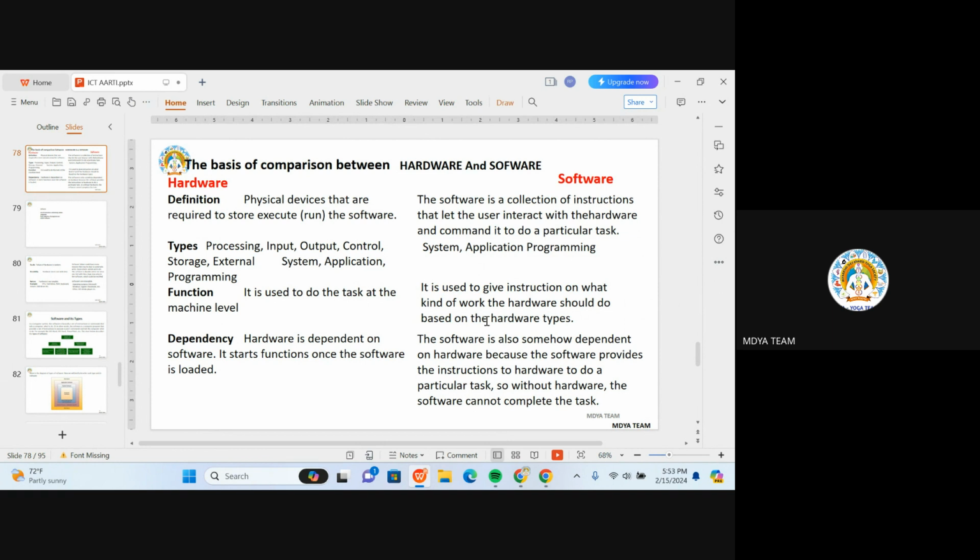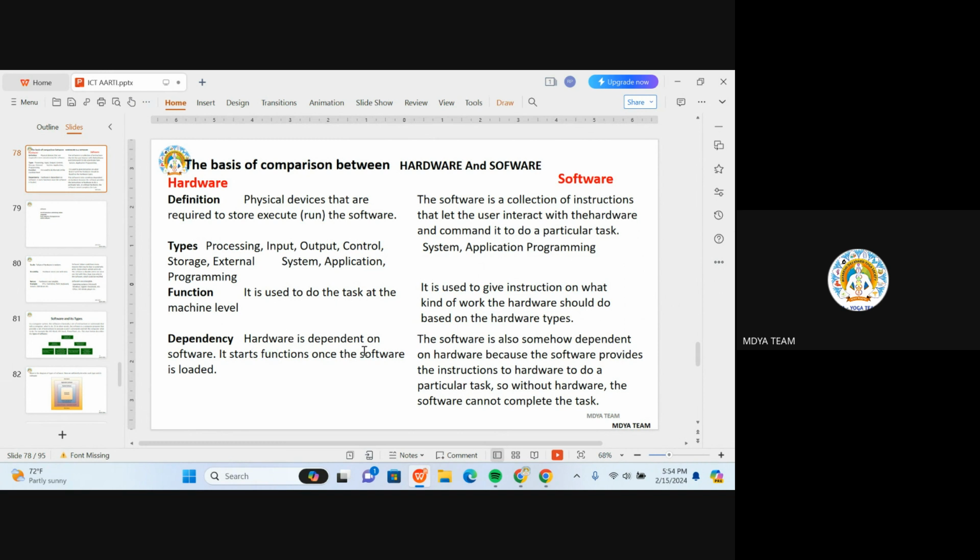First of all, I need some input device to give the instruction, and then all the processing goes on in the laptop or in the PC. That processing is also going on in the hardware: memory, CPU, hard disk. These are all our hardware, but to execute the program and the instruction, we need the hardware.